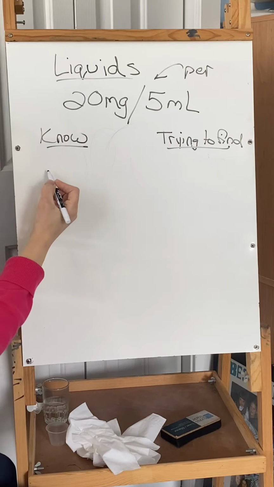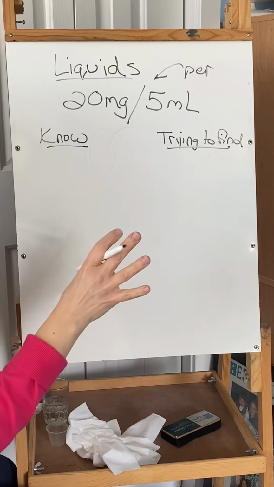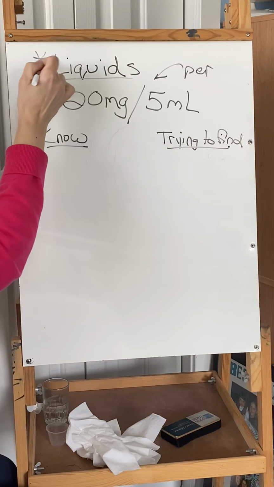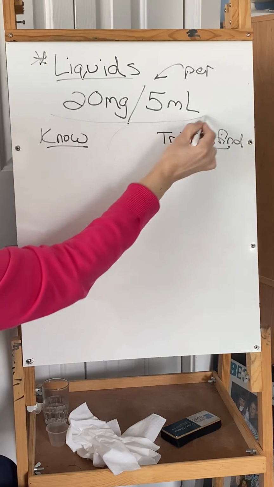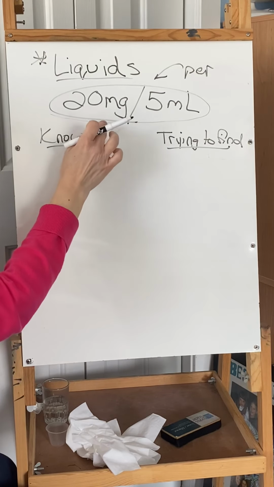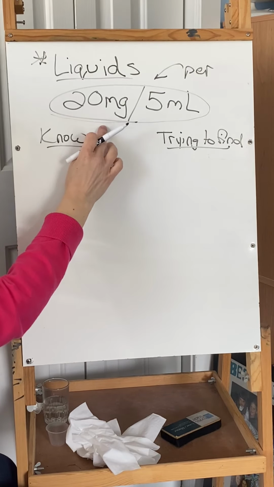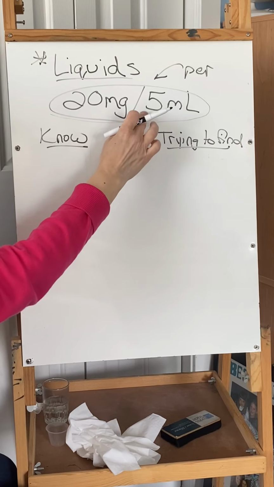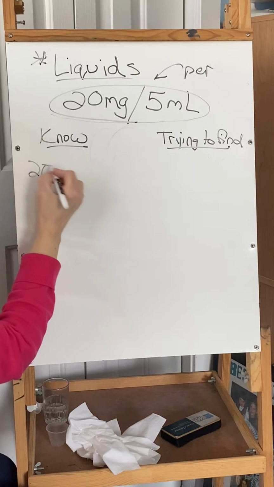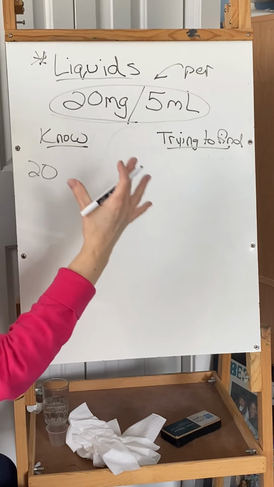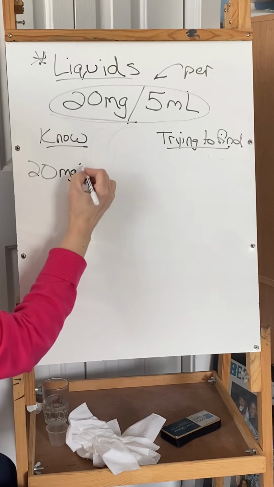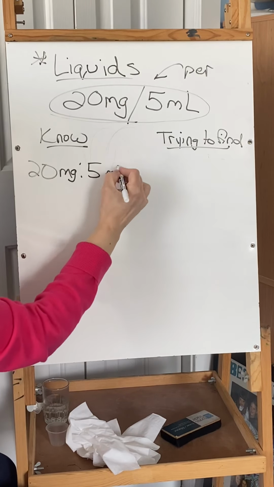So what do we know? What we know is not a metric equivalent. What you know when we're talking about liquids is whatever it says on the label. It says 20 milligrams per 5 ml. That is your ratio for the left-hand side of your proportion. So 20 milligrams is to 5 ml.